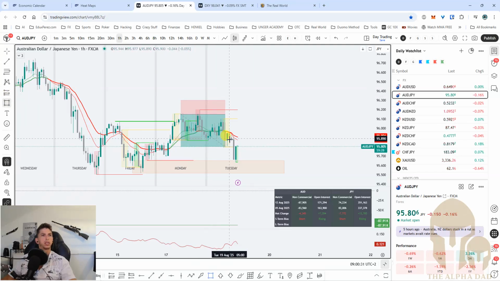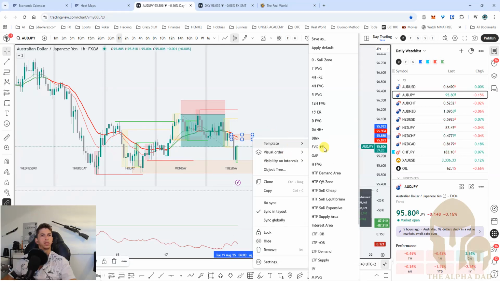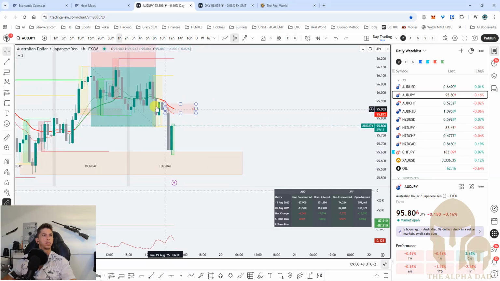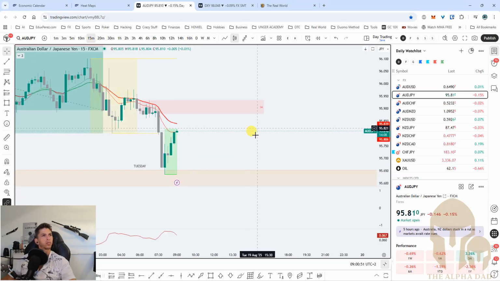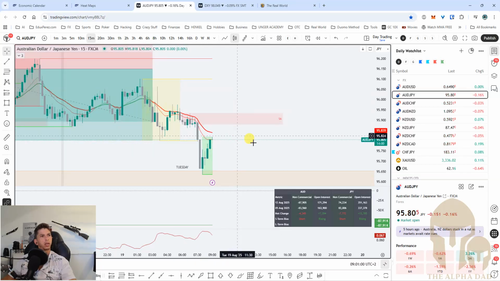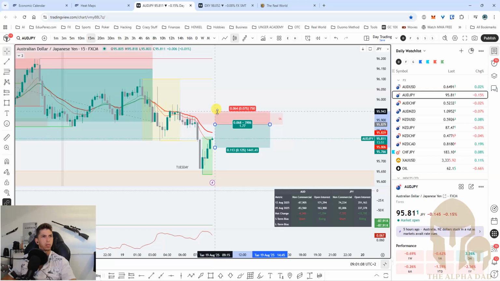So I think this supply zone would be interesting for a short. Have a level on top of level. I actually do like it. I don't know if we're gonna get there, but I do like it. So I'm gonna put the short order right here, stop loss here. We can put it right above this.